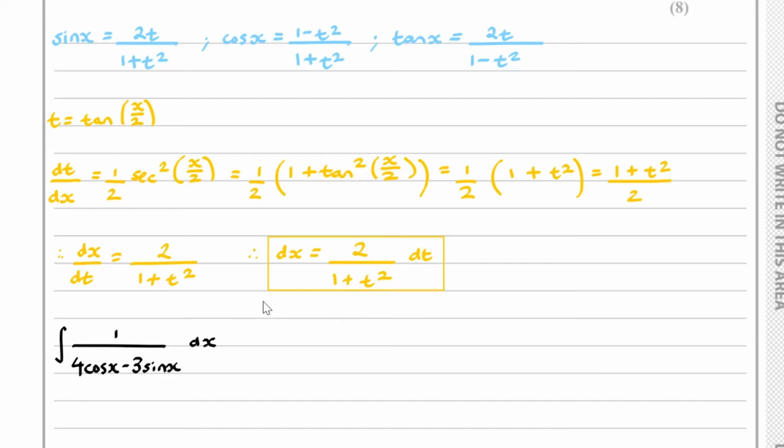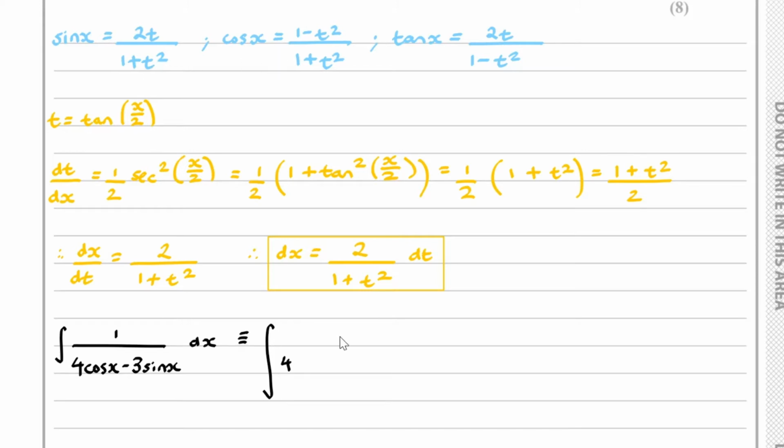If we replace as necessary, you'd find this to be equivalent to the following. On the bottom we have 4 times cos x.